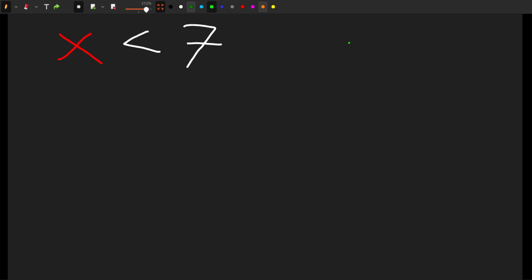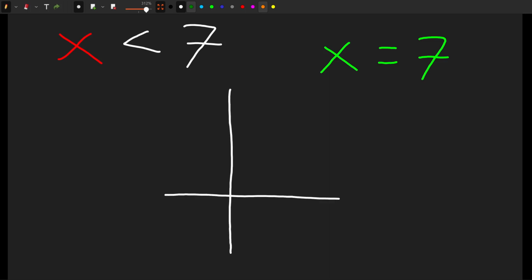So if I was thinking x is equal to 7, I would have this line. 1, 2, 3, 4, 5, 6, 7. Here's my point. No matter what value of y, if I go up or down, I'm still at x is equal to 7.